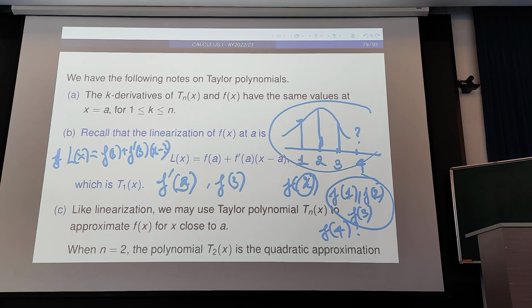And if you want to find f(4), you only need to substitute x equals 4 here. That gives you an approximation of f(4), but we don't know the formula of the function f, right?